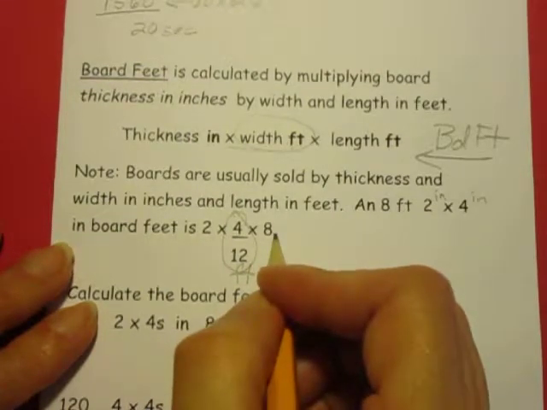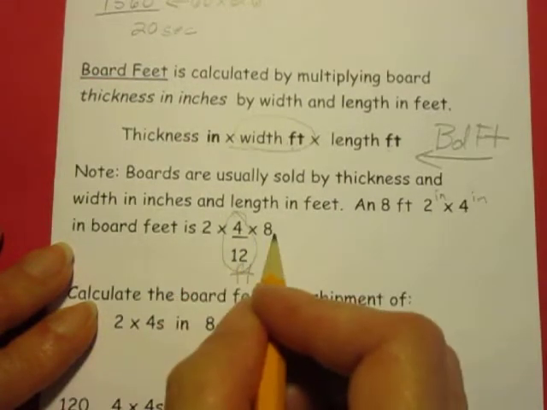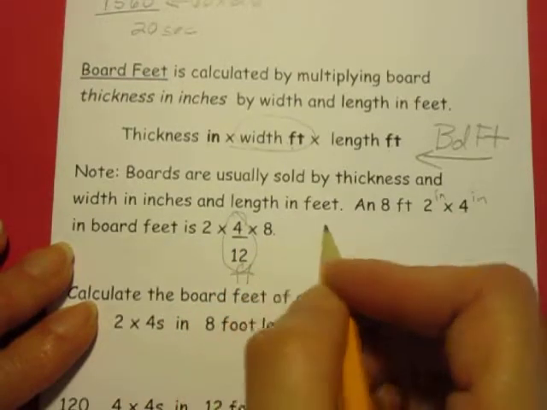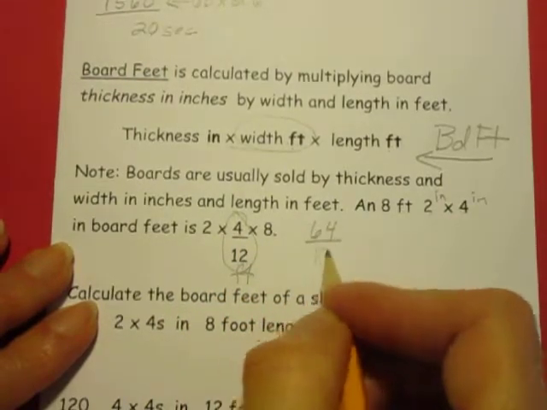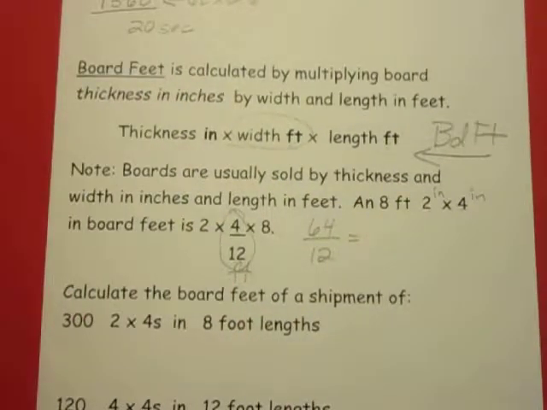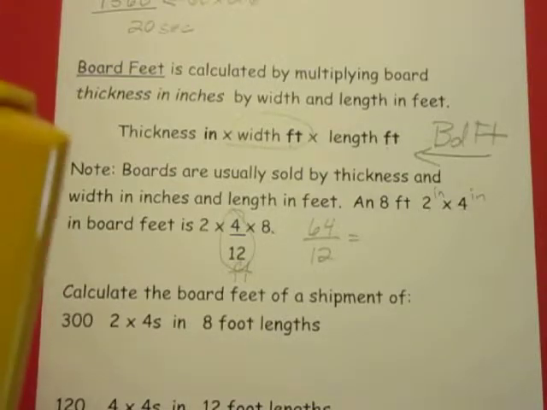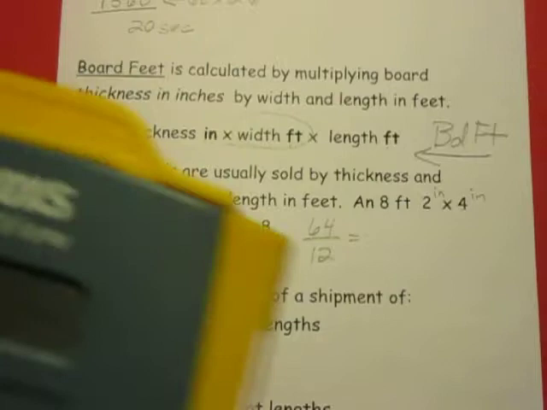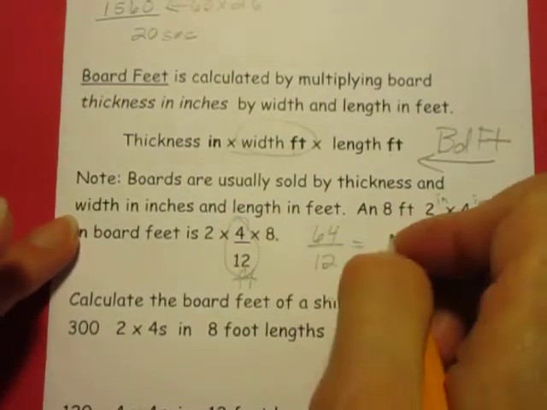So if I wanted to, I could go ahead and just multiply straight across here. 2 times 4 is 8 times 8 is going to give me 64/12. And if I wanted to, I could convert that. 64 divided by 12 is going to be 5.3 repeating board feet.